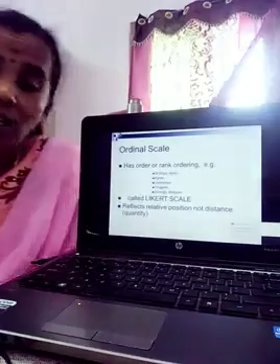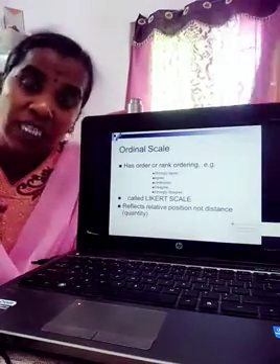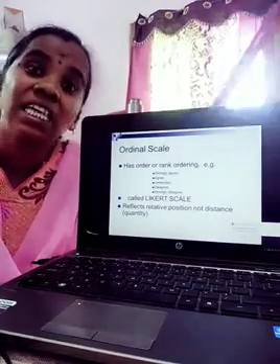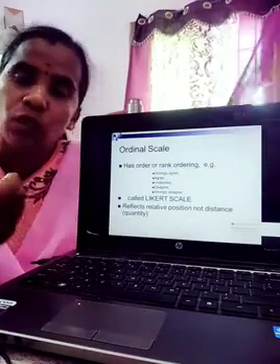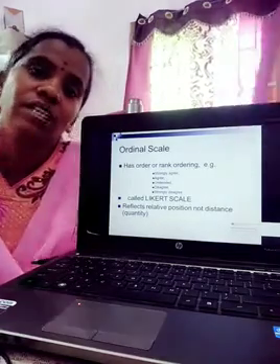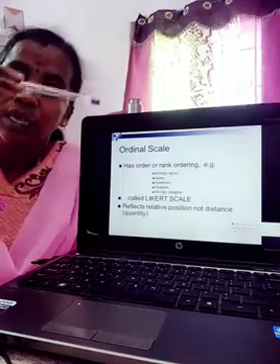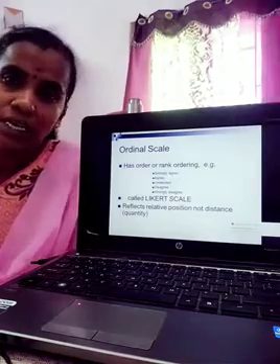Ordinal scale means we are going to name as well as rank the names. They will give the name, and for the names they will give a ranking order. The names will be arranged in rank order.